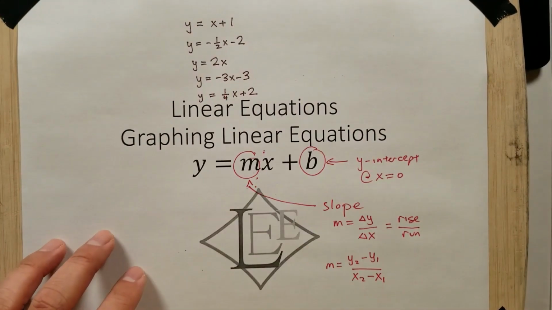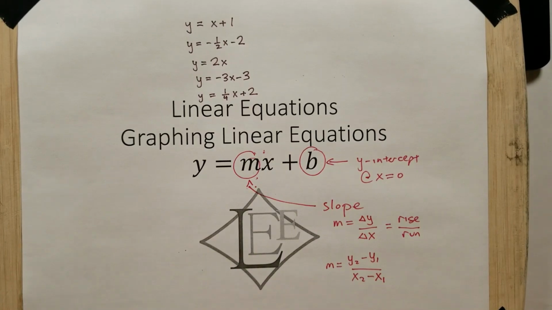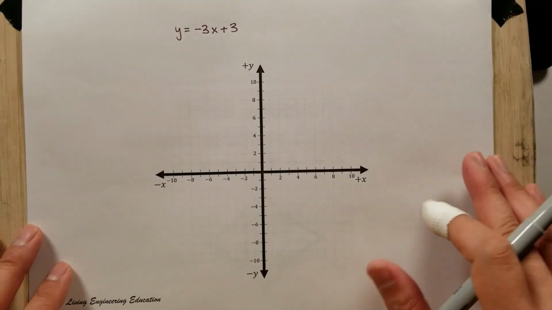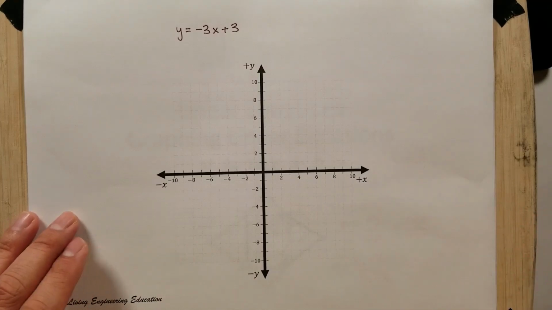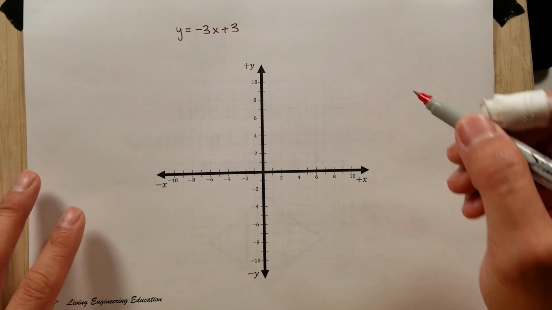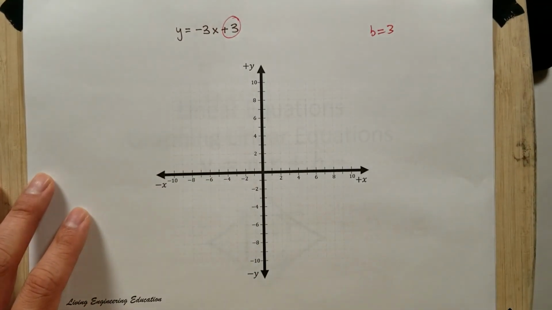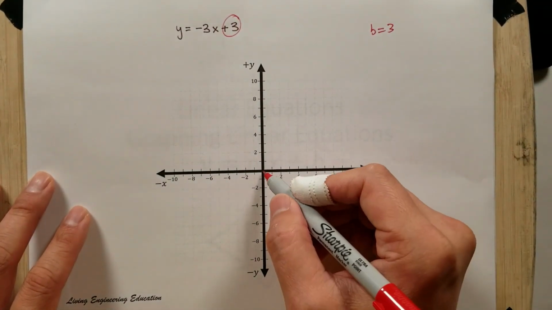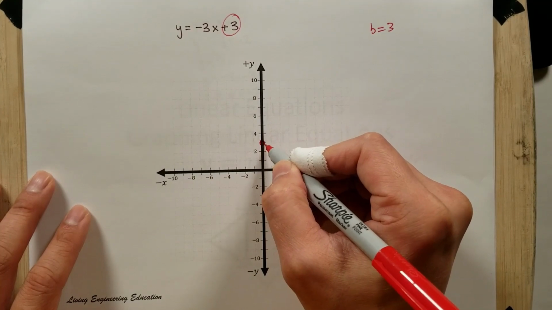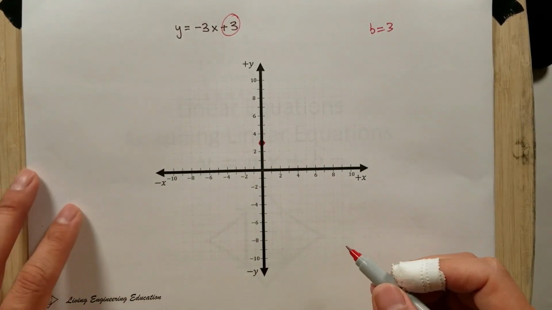Let's take a look where we're at. We're on our fourth problem, -3x plus 3. Okay, so what's our first step? Our first step is to identify the y-intercept. So in this case, it's 3, and we'll make a point there, at y equals 3 on the axis.